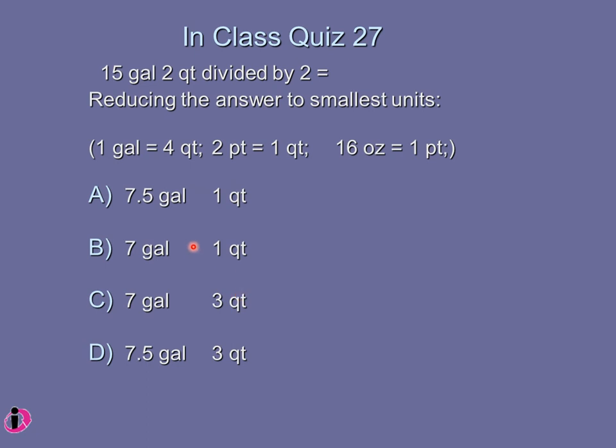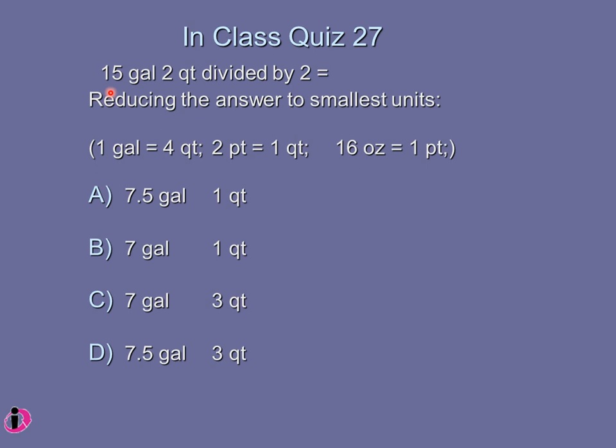Let's see, 15 gallon, 2 quart. You start from here. You divide 15 gallon by 2. You'll be left with what? 7 gallon. But remember, there will be 1 gallon remainder, right? 7 times 2 is what? 14. But the gallon is 15. That 1 gallon will now be converted to what?